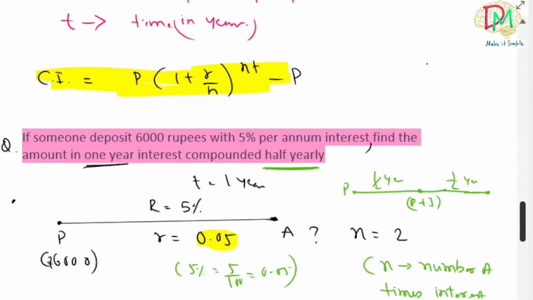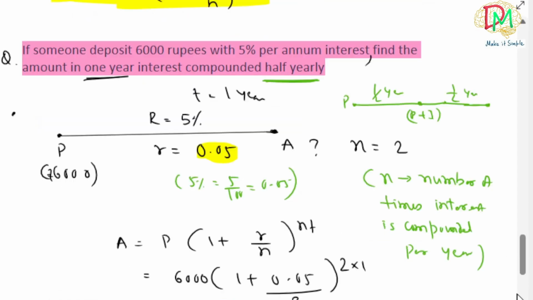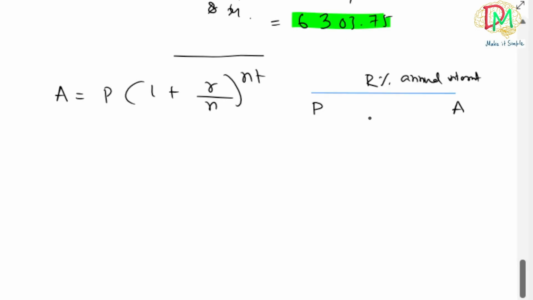Here P is the principal, A is the amount, and r percentage is the annual interest, compounded n times in a year.